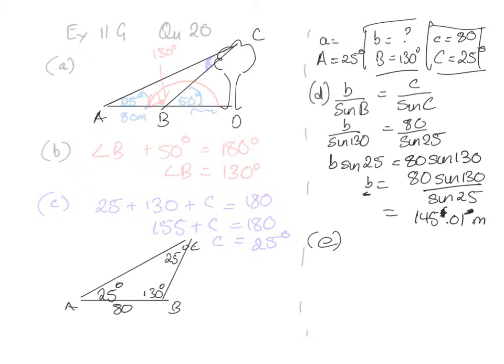Okay, so I think in part E now there is a problem with the question. I think it should probably say triangle BDC, not ADC, because it's saying to use the length B. So this is what I think the question is asking. Here's my right angle triangle, and we've just found the length of B to be 145.01.